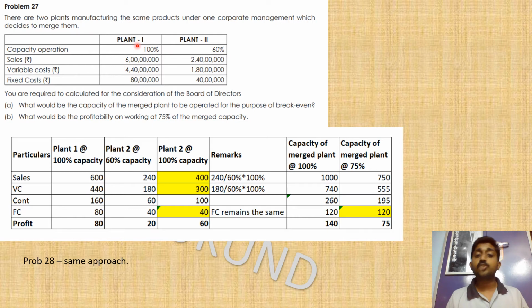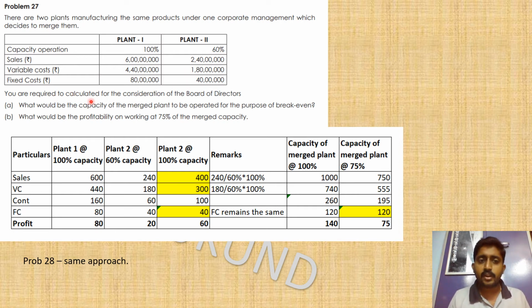Plant one is operating at 100% capacity, with 6 crore sales, 4.4 crores variable cost, and 80 lakhs fixed cost. Plant 2 is operating at 60% capacity utilization, with 2.4 crores sales, 1.8 crores variable cost, and 40 lakhs fixed cost.